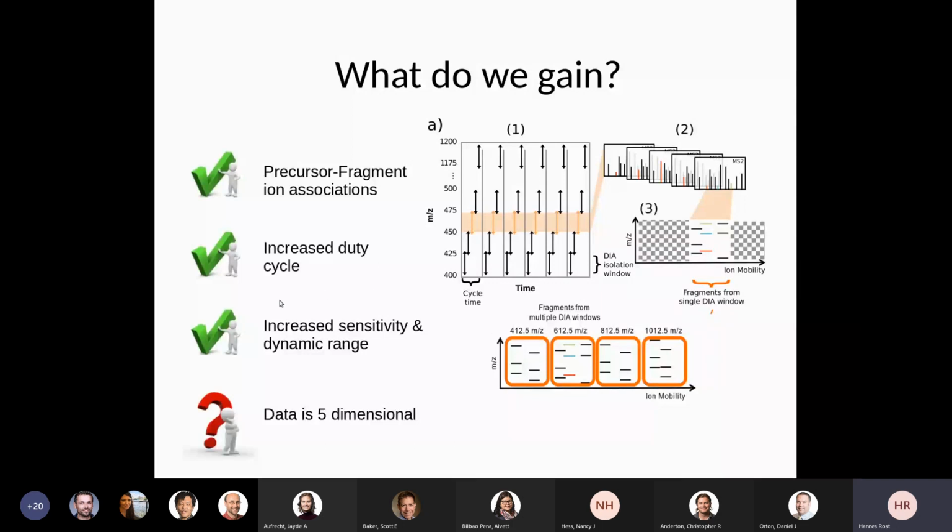And finally, what I haven't shown you in detail yet, but what is really intriguing, is that we also achieved increased sensitivity and dynamic range due to the ion mobility separation.